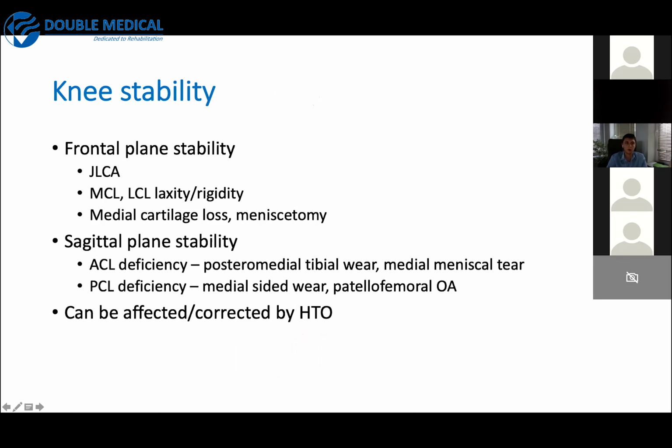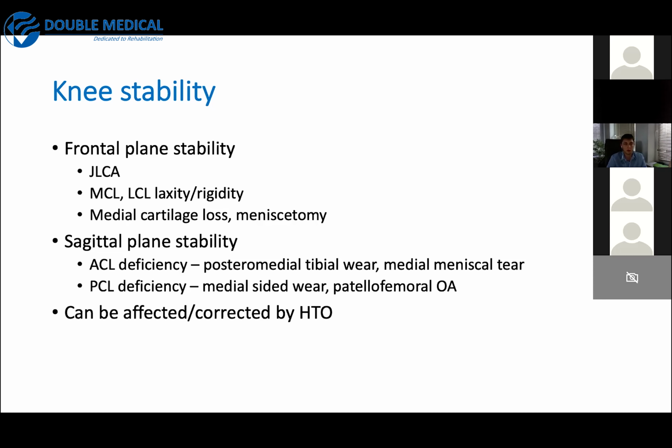It is very important to assess the knee stability. In the frontal plane, there may be collateral ligament instability, medial cartilage loss, or a previous meniscectomy.